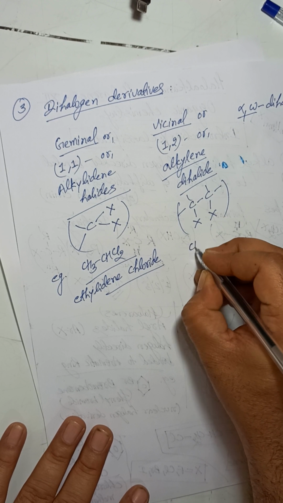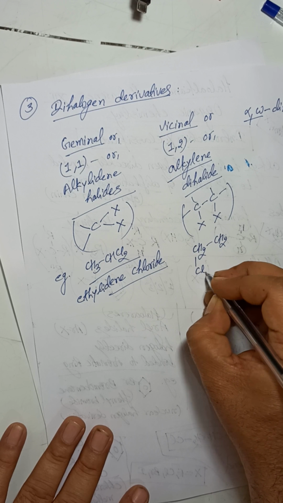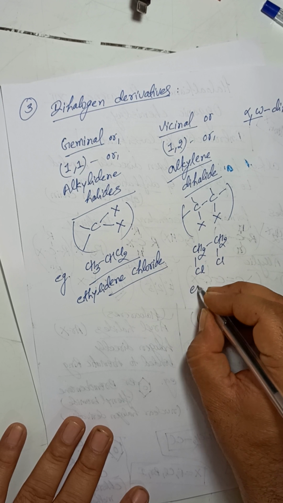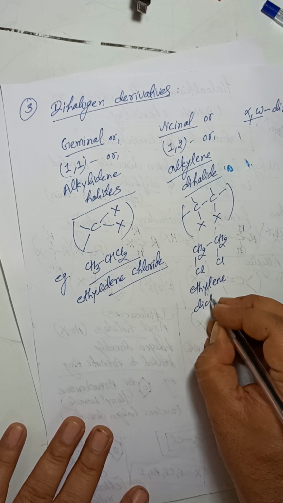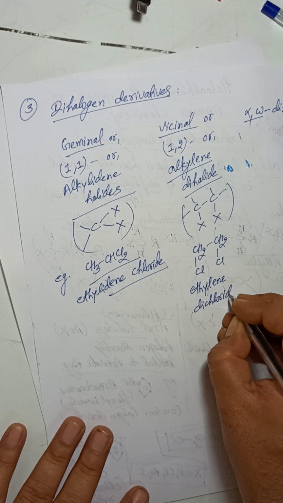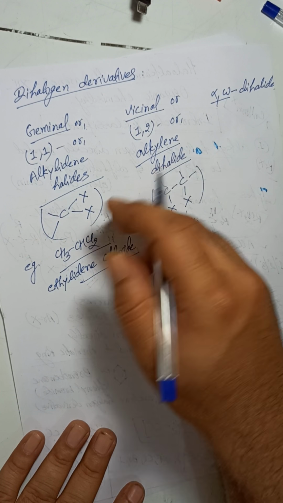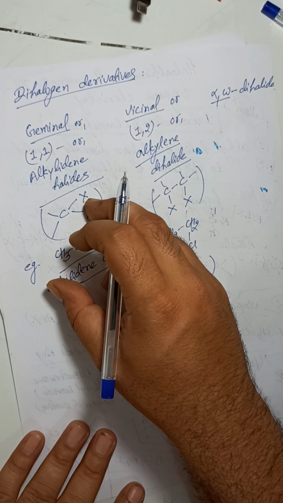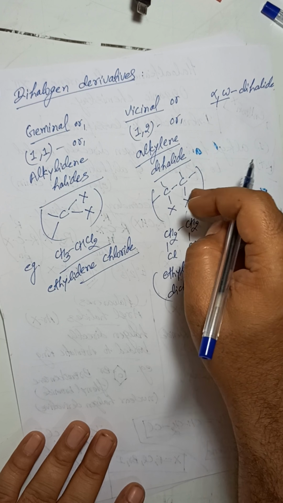For example, CH2Cl CH2Cl, ethylene dichloride. Geminal: halogens are repeated twice on the same carbon. Vicinal: halogen repeated twice on adjacent carbons.